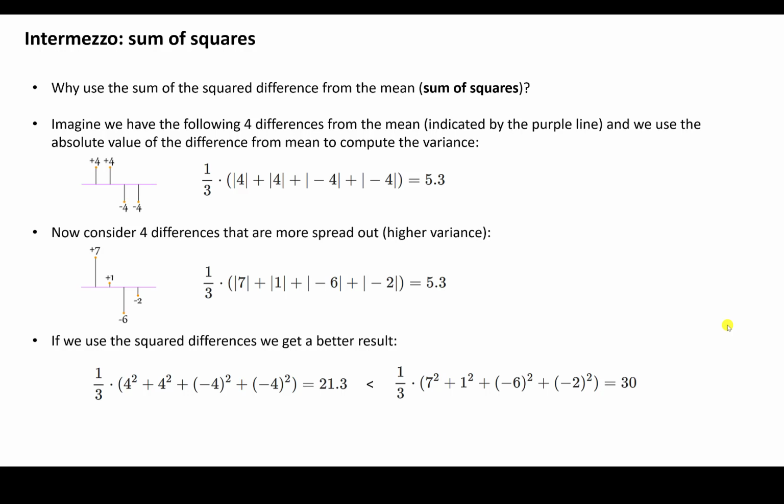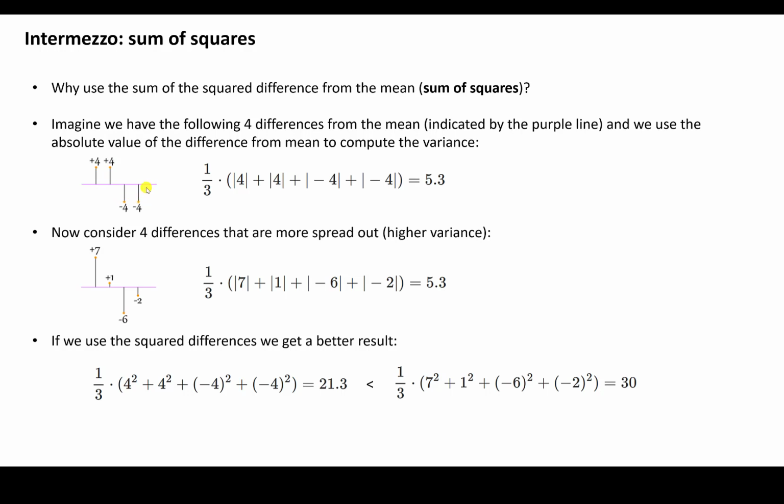So what's the purpose of actually taking the square of the difference between the mean and the observed value when computing the variance? That's what I'm going to try to show you in this small intermezzo. Let's say we have 4 data points in our sample, and the values are 4, 4, minus 4, minus 4. So we have a mean here. If we compute the variance, we would take the difference between each value and the mean and sum the squares of those.